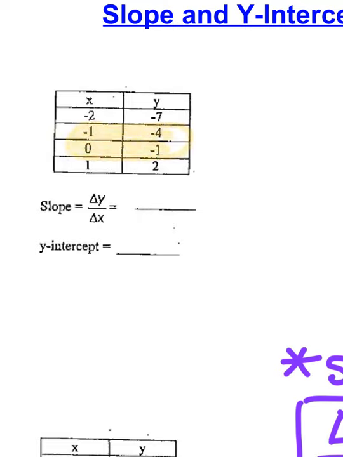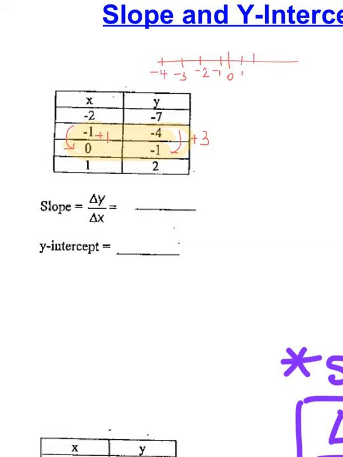Okay, so if I pick those 2 ordered pairs, I'm going to look and see what's happening from here to here and here to here. So from -1 to 0, that's going to be adding 1. And from -4 to -1, that's going to be adding 3. And if you can't tell, you can always draw yourself a quick little number line. Sorry, it's kind of sloppy, but that's why it's quick.